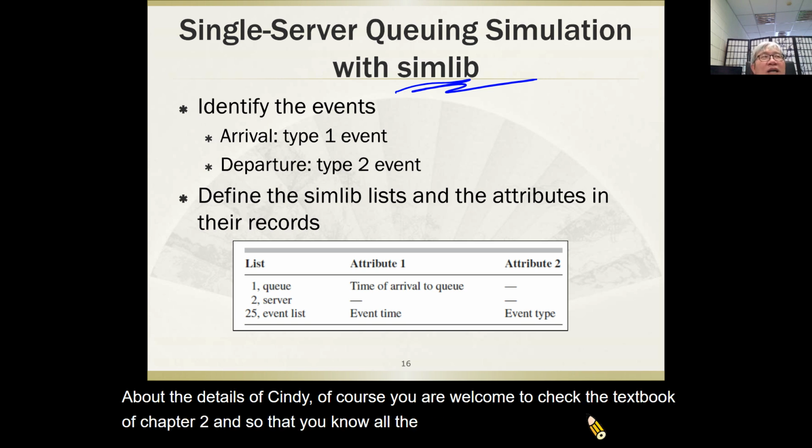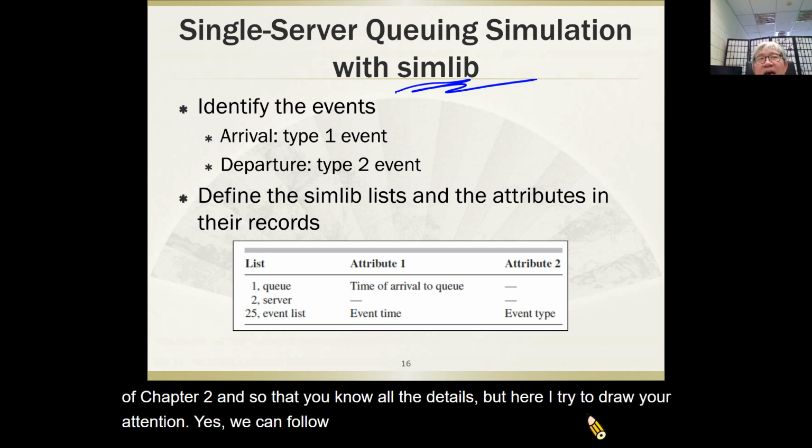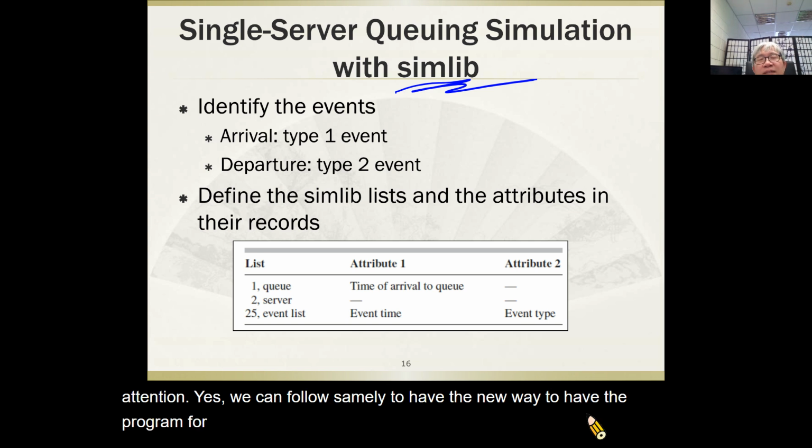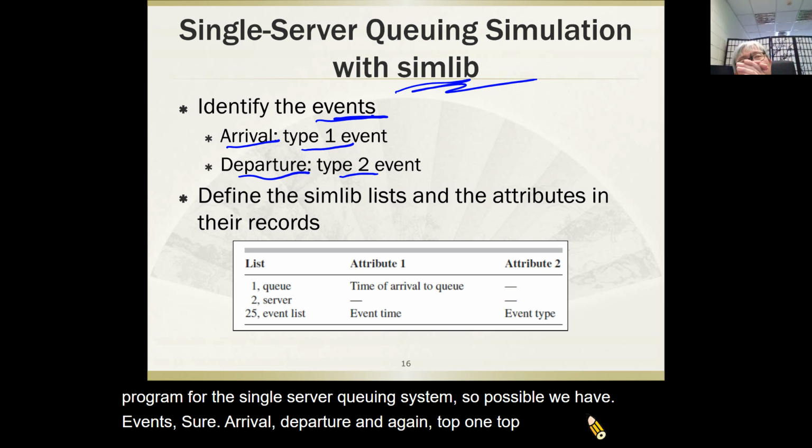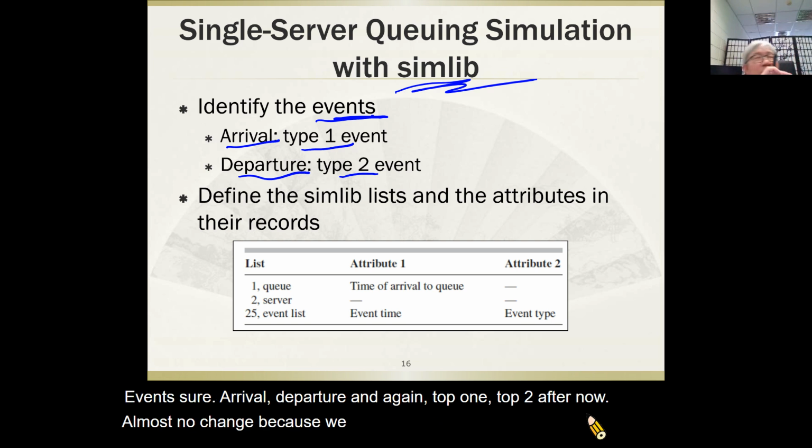But here I try to draw your attention: we can follow simlib to have a new way to write the program for the single server queuing system. First of all, we have events, arrival and departure, and again type 1 and type 2. Up to now, almost no change.